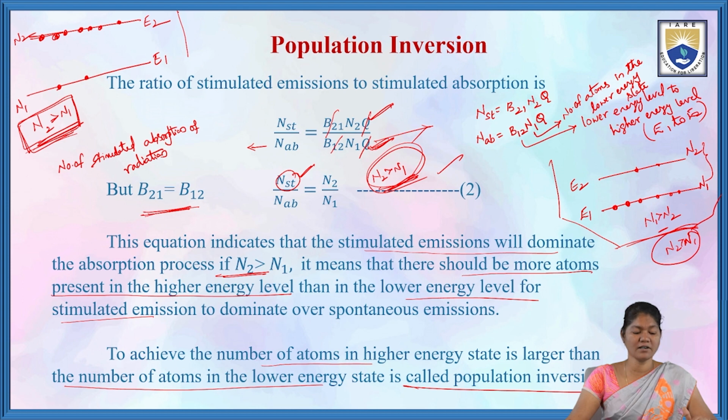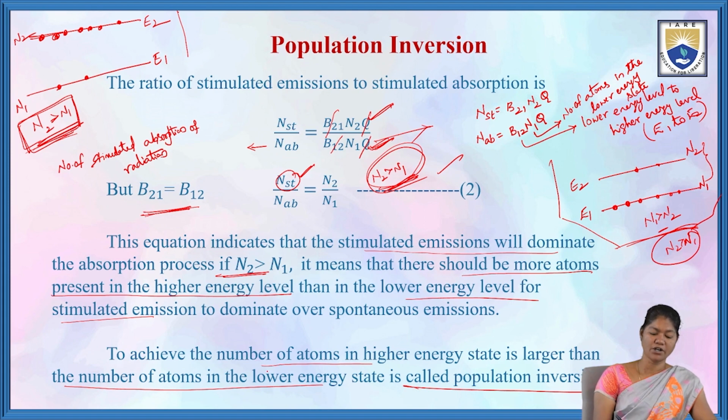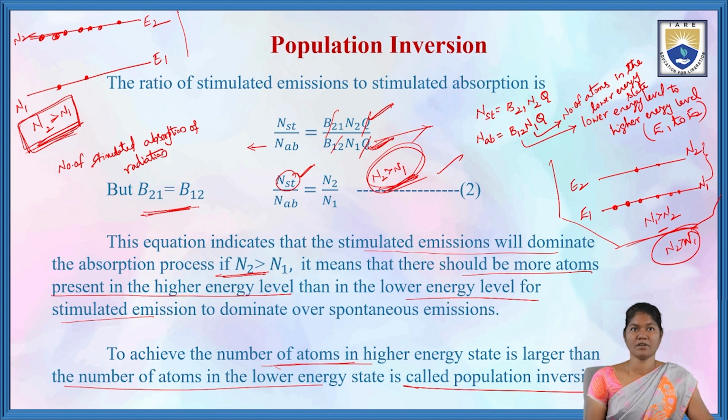Making N2 greater than N1 is called population inversion. So achieving a larger number of atoms in the higher energy state than in the lower energy state is called population inversion.